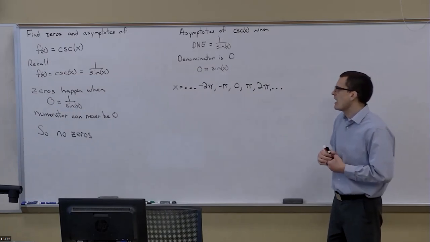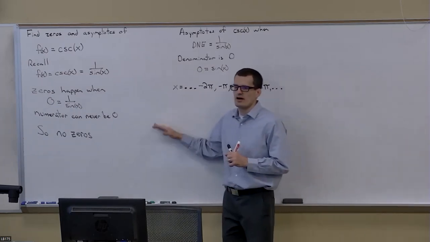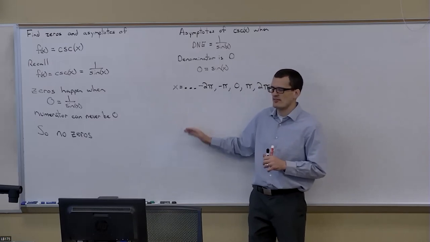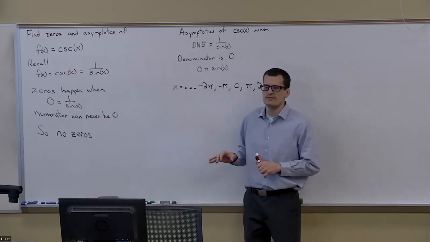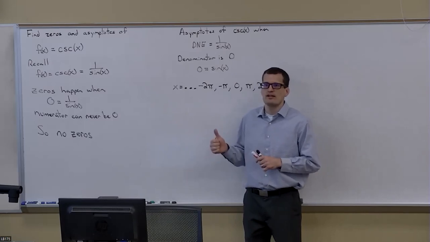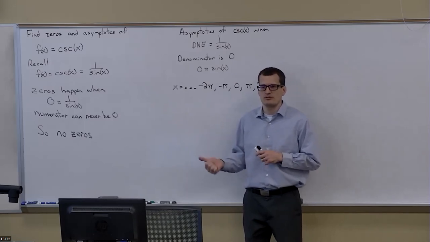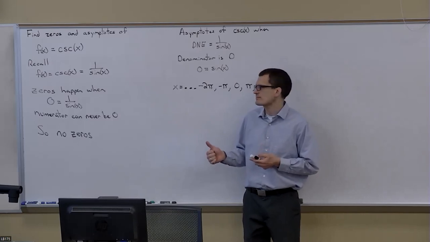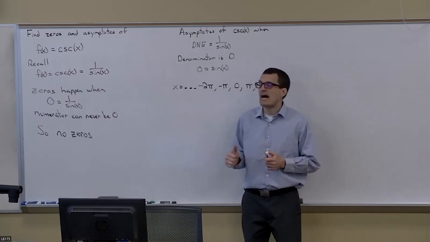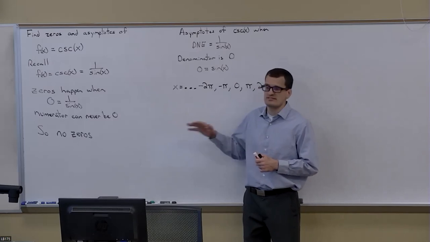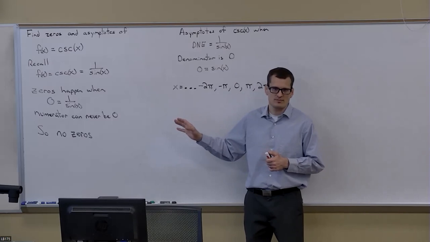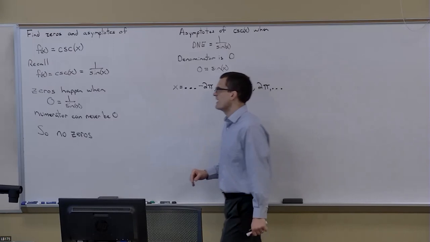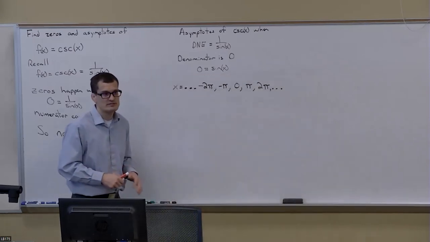Now, like I said, we could go through one of two options, and they're kind of two paths going down the same direction. So I started by looking at zeros of sine and cosine. That allowed me to look at the zeros and the asymptotes of my other base trig functions.